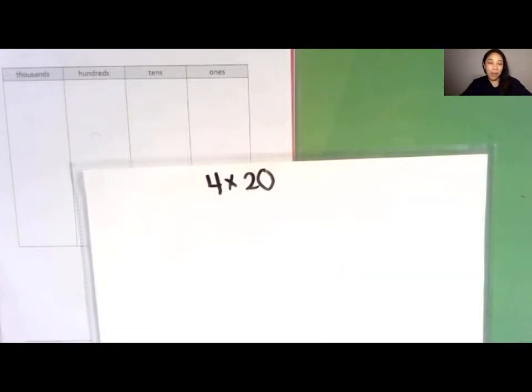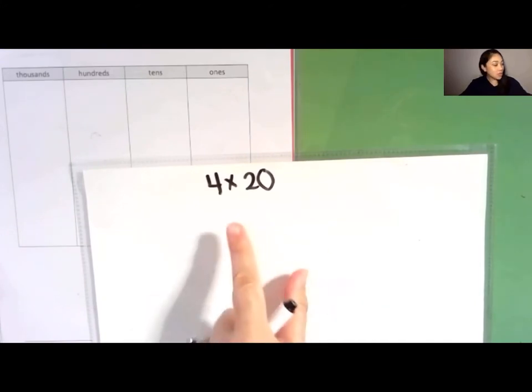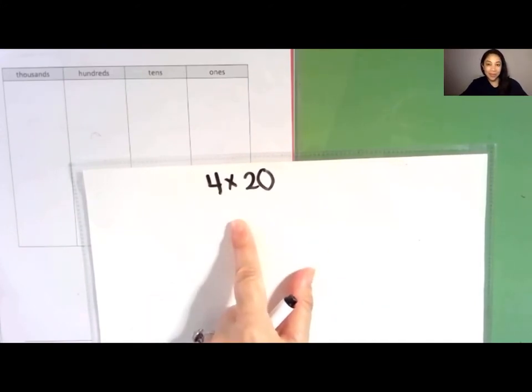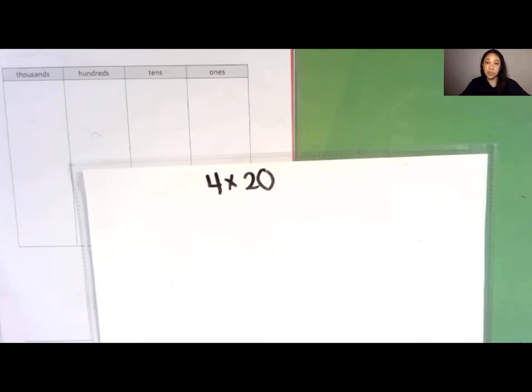The next problem I'd like us to work together on is 4 times 20. You'll recall that the last problem that we worked through was 22 times 100, and we solved that by thinking of a different way that we could write out the problem. 22 times 10 times 10. Let's think of other ways that we can express 4 times 20.